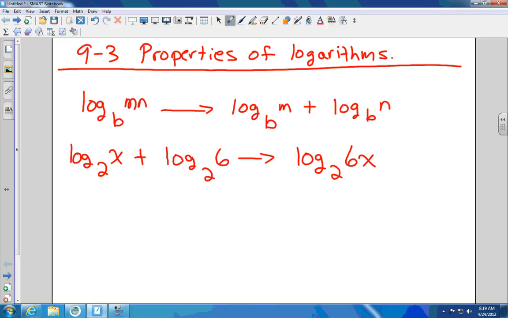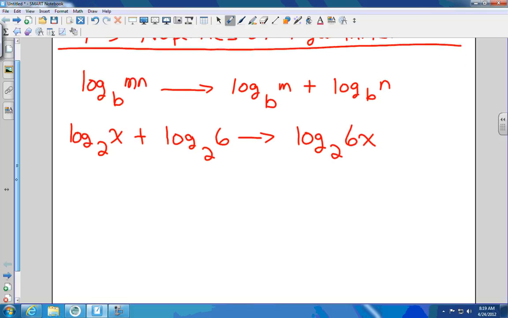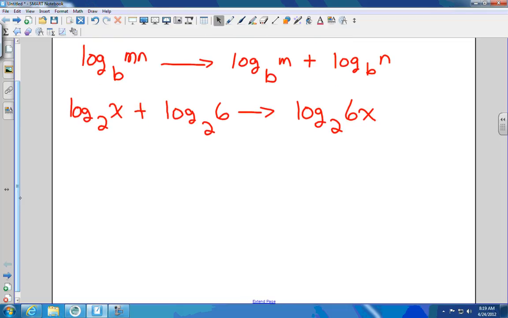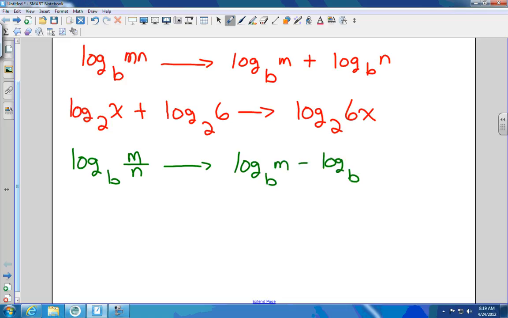The next one is division. And what do you think you can change division to? Right. Division and subtraction work together. So log base b of m over n, you can rewrite that as log base b of m minus log base b of n.